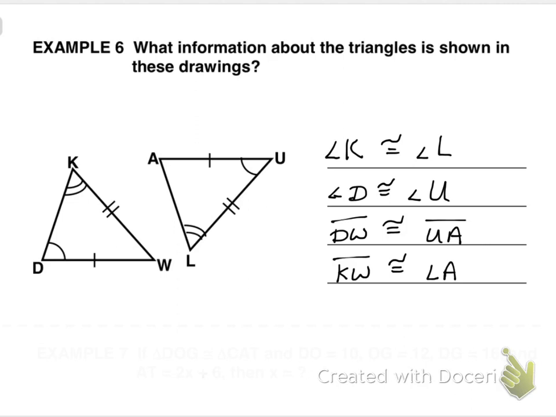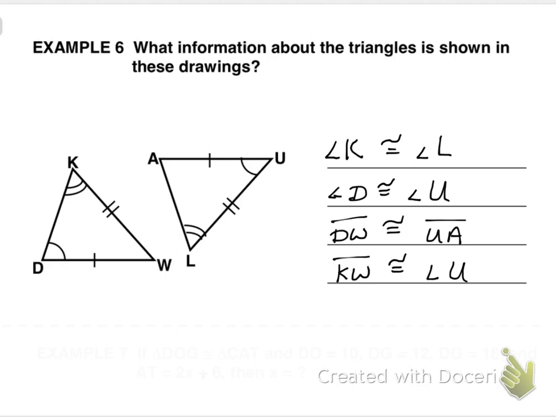Okay, they've got those marked differently. LU is what's marked as congruent. If I'm going by what's marked, LU is marked congruent. Now, that doesn't actually make sense, but okay, that's what's marked.